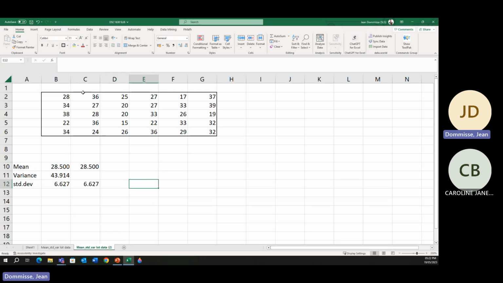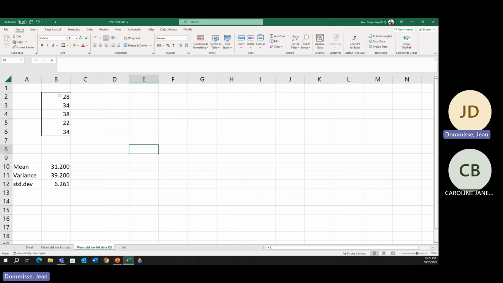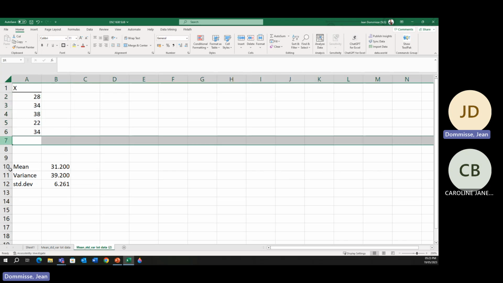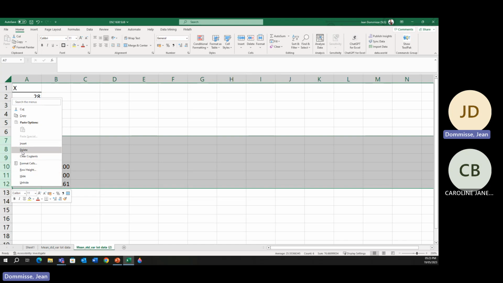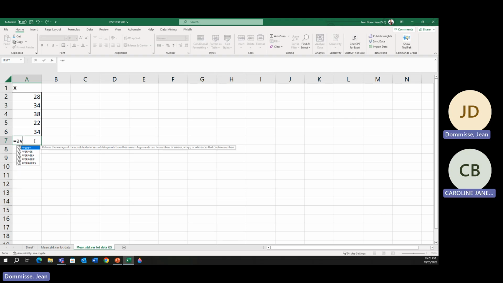Okay, so if we only had the small set of data, so let's say that was our x variables or our x numbers, and we needed to work out the standard deviation and all of those things, we can still use Excel in a different way, because we still need to work out the average.